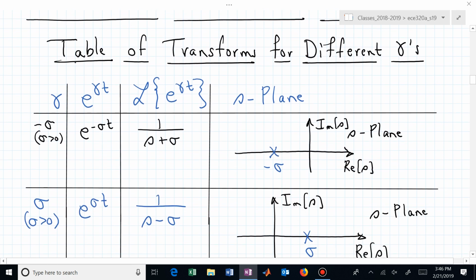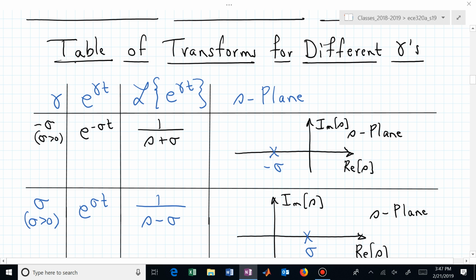Those ideas, those concepts, that picture, you need to be comfortable with. Here's the table of transforms that we played with last time. We have an exponential decay, e to the minus sigma t. It gives us a frequency domain transform of 1 over s plus sigma. If sigma was 2, we would have 1 over s plus 2, and this pole would be at minus 2 in the complex s-plane.